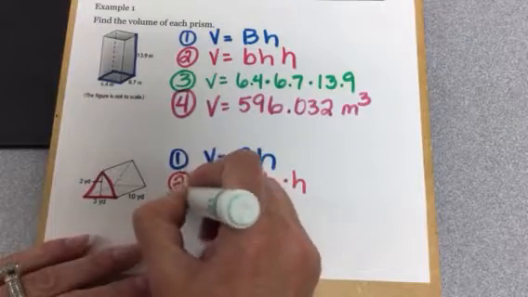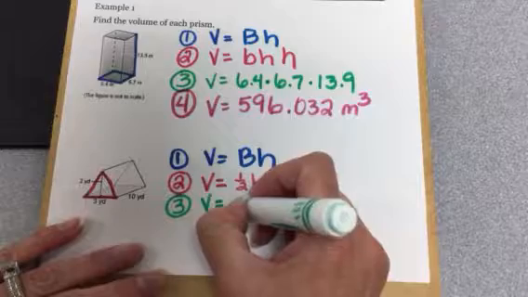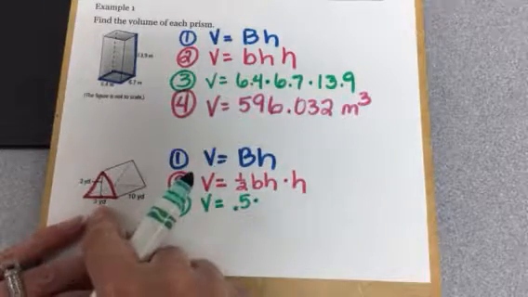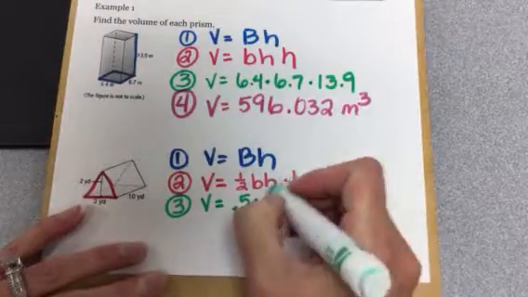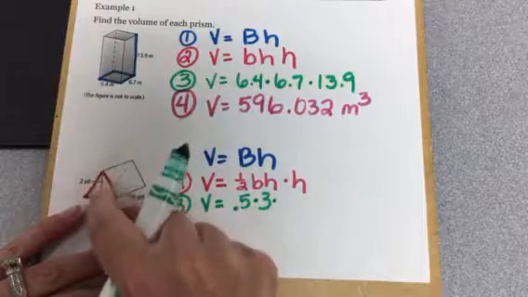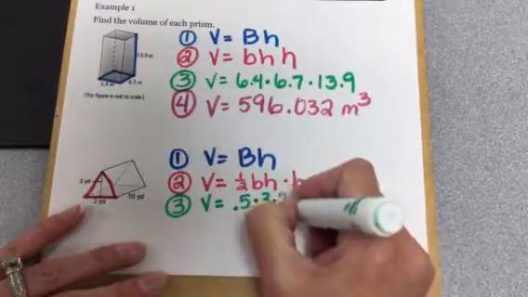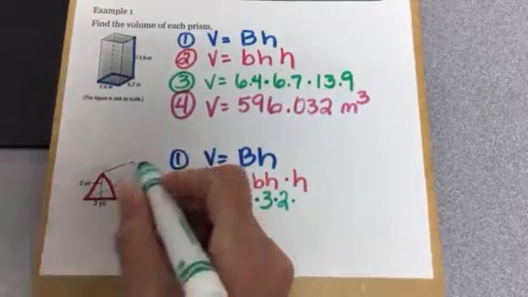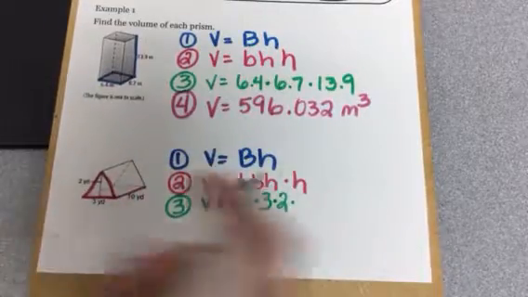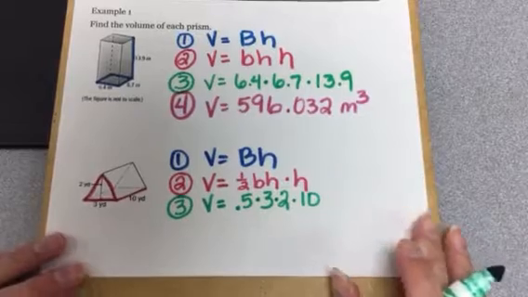Step number 3 is plug your values in. Volume is equal to 1/2, which is 0.5, times the base of the base, which is 3, times the height of the base, which is at a right angle to the base, which is 2, and the height of the whole figure is here, and that's going to be 10 yards. So times 10. Okay.